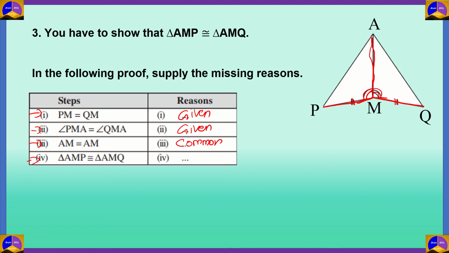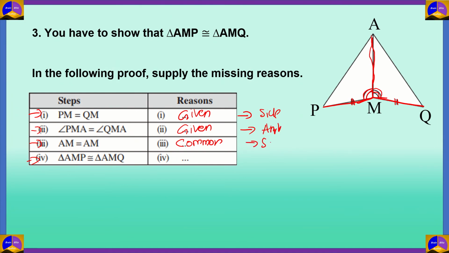And the fourth one, we have triangle AMP is congruent to triangle AMQ. Now let's look at the first, second, third statements. The first statement is PM is equal to QM, so it's a side. Second one is an angle.